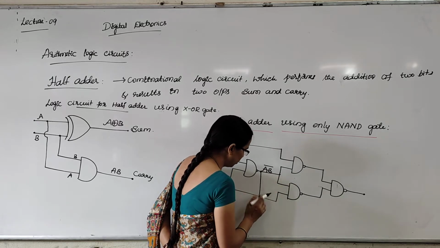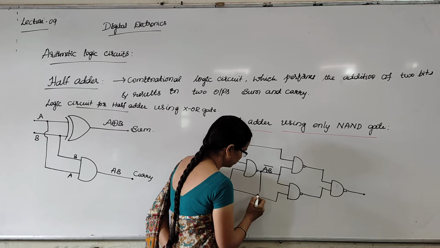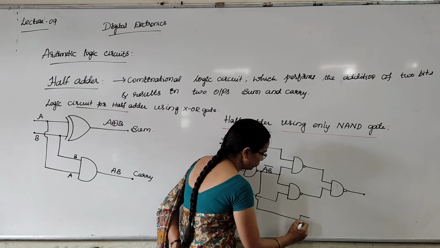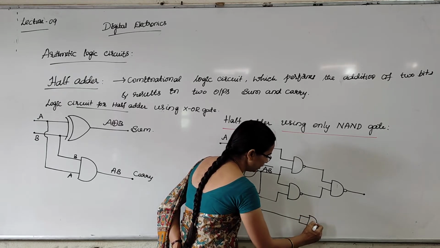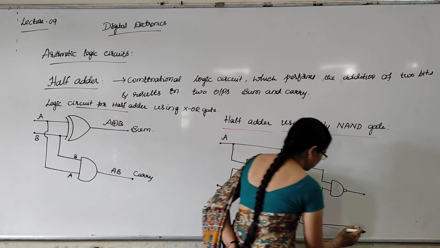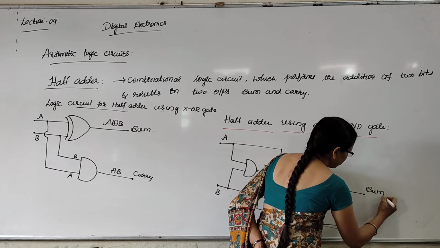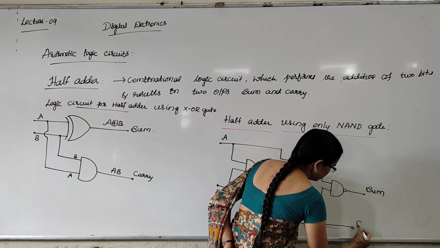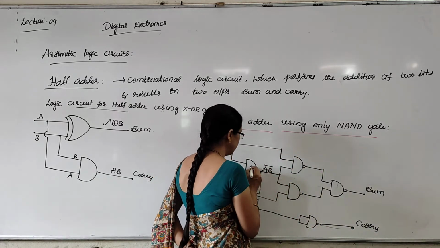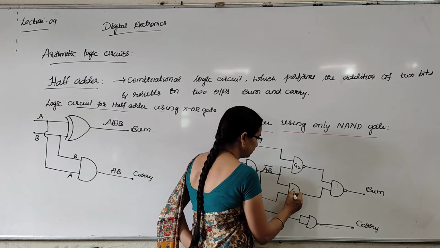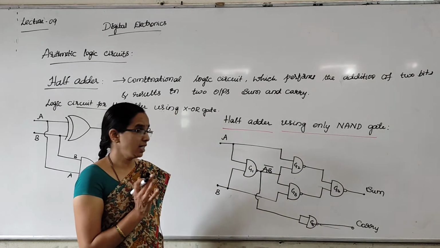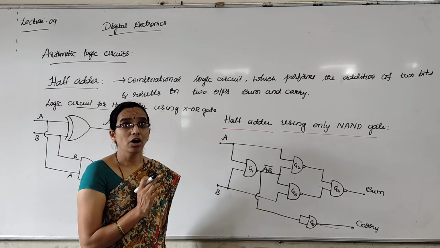I'll take this AB bar and give it to a NOT gate using a NAND gate. So it will be the sum output and it will be the carry output. Here there is gate 1, gate 2, gate 3, gate 4 and gate 5. Using 5 NAND gates we can construct the logic circuit for the half adder.